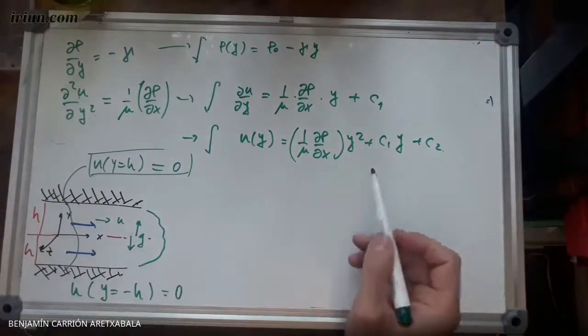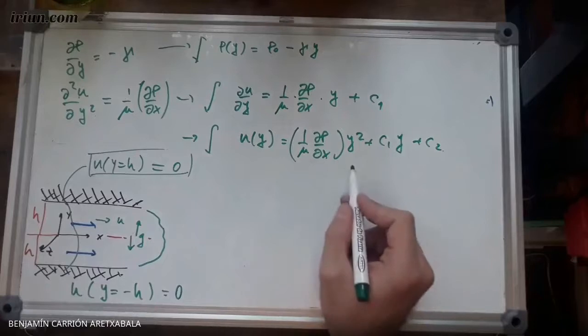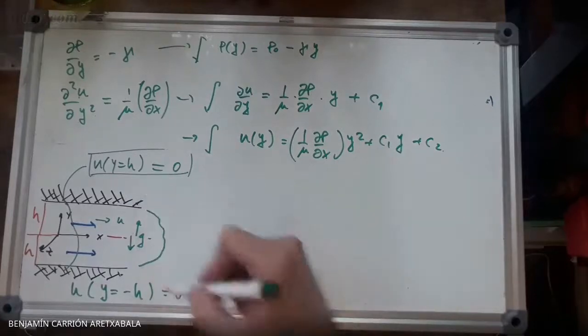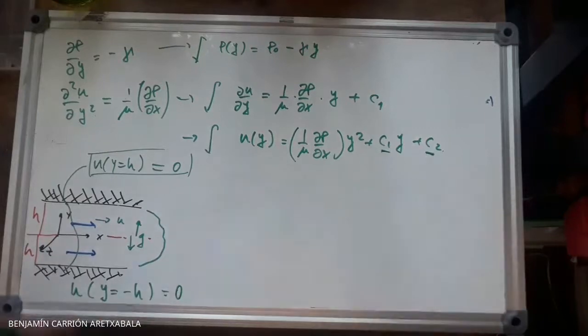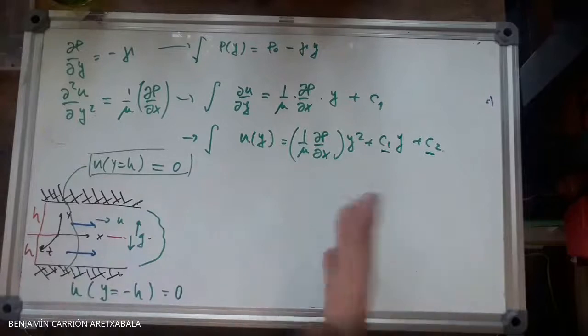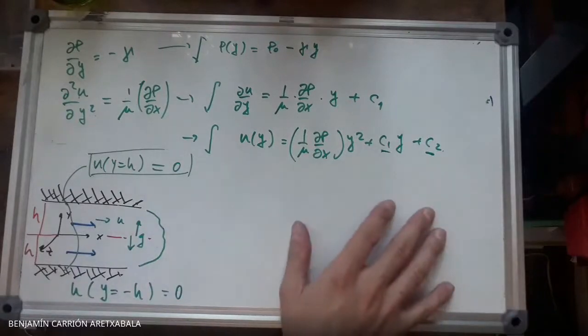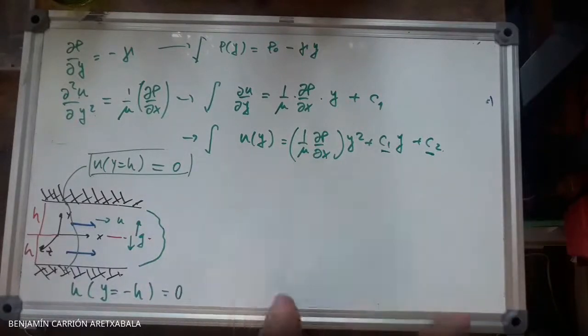And you could evaluate this at h and minus h, equate to 0, and then you can solve for c1 and c2. I don't mind doing that right now, but yeah, you can do it. That's not the core part.